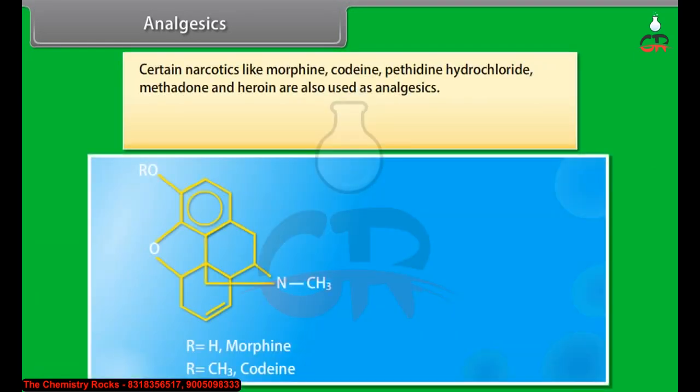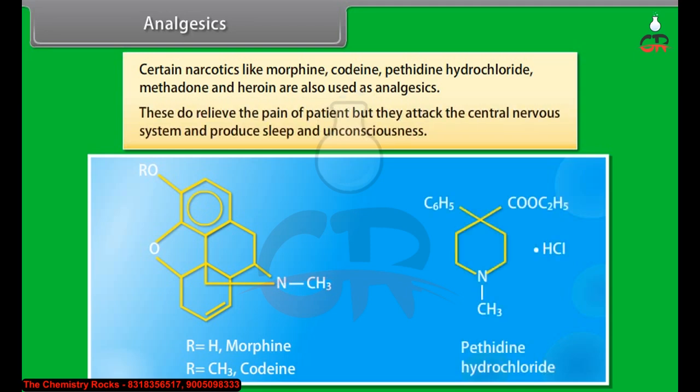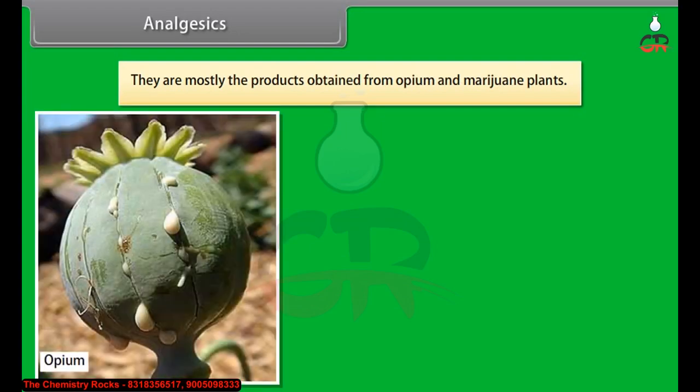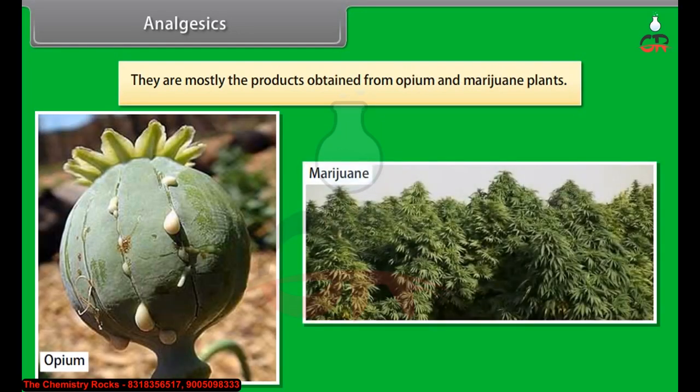Certain narcotics like morphine, codeine, pethidine hydrochloride, methadone and heroin are also used as analgesics. These do relieve the pain of patient, but they attack the central nervous system and produce sleep and unconsciousness. They are mostly the products obtained from opium and marijuana plants.